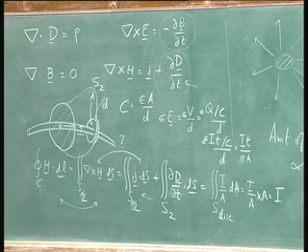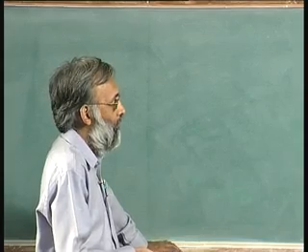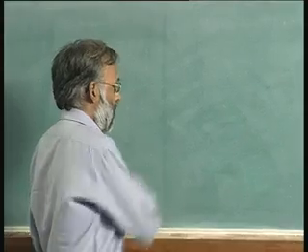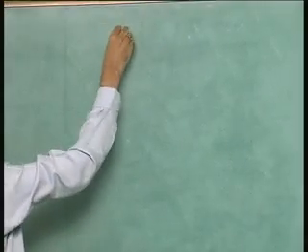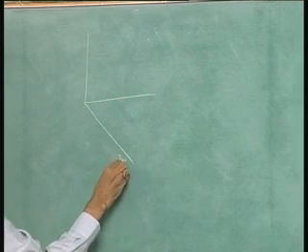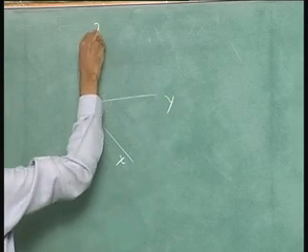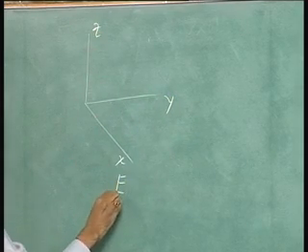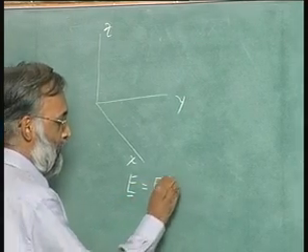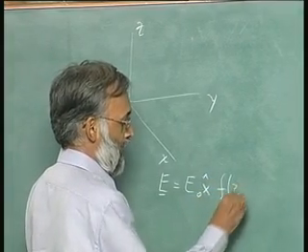Now, I want to end the lecture today by putting all these pieces together and showing you that they give you something entirely new. So, what I am going to do is assume that I have an electric field in the x direction and a magnetic field in the y direction. This electric field E is in the x direction, and I am going to assume it has some dependence on z and t.